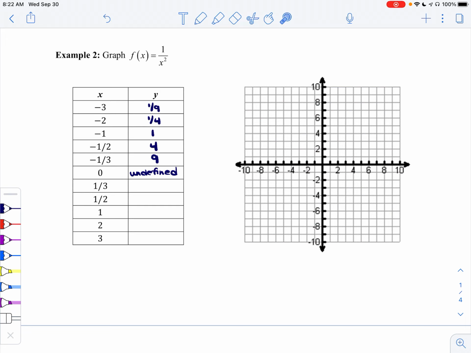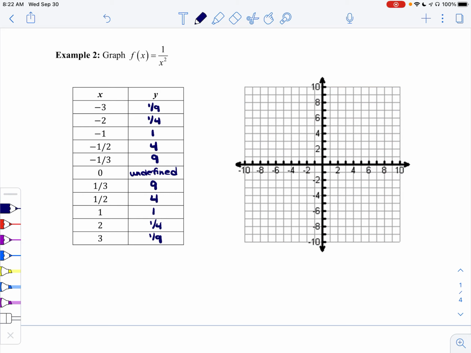Then for the positive half here, since we're squaring all of our numbers, we get the same answers whether we plug in a negative or a positive. So these are just going to be repeated. Again, 9, 4, 1, 1/4, and 1/9. And then we just need to plot our points. Again, just do the best you can to approximate the fractions.